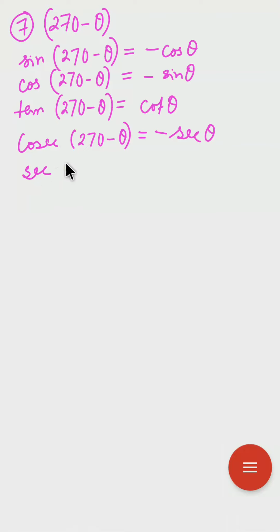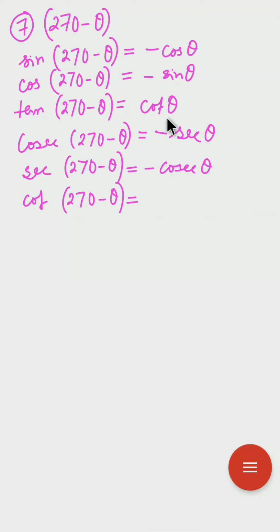Similarly, sec 270 minus theta, by the same formula, will come as minus cosec theta. And the last one, cot 270 minus theta, will come as tan theta. Let's move on to the next set, which is trigonometric ratios of 270 plus theta.